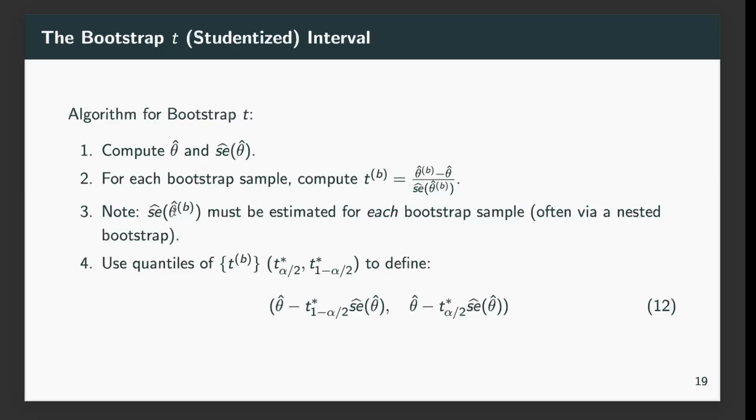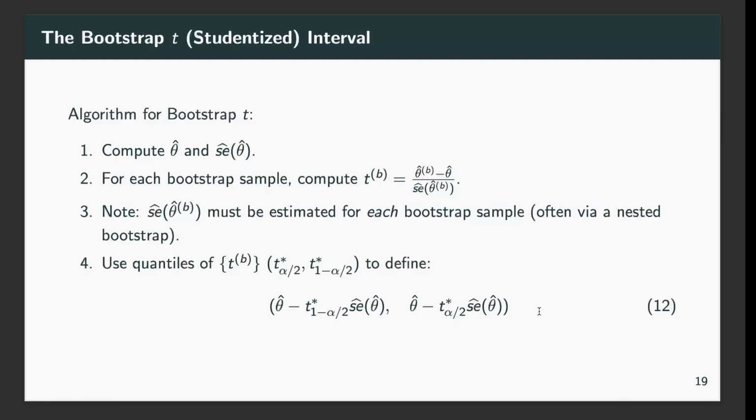The fourth step is using the quantiles of the resulting B values of T of b to define the interval, and the interval is defined by this formula. So basically, the Bootstrap T interval has second order accuracy. What it means here is that the coverage error goes to 0 faster than the percentile interval as the sample size grows.